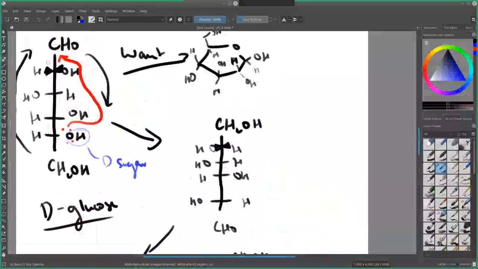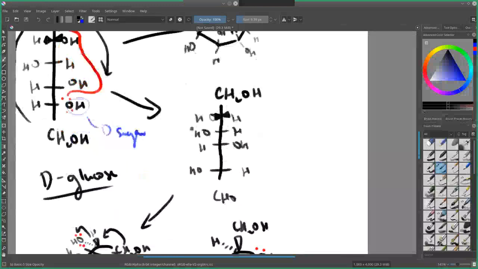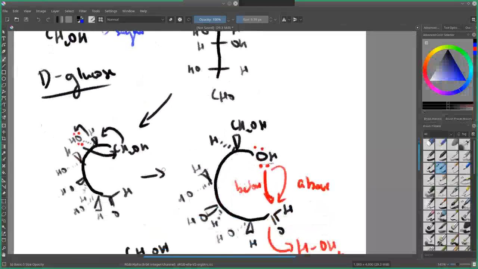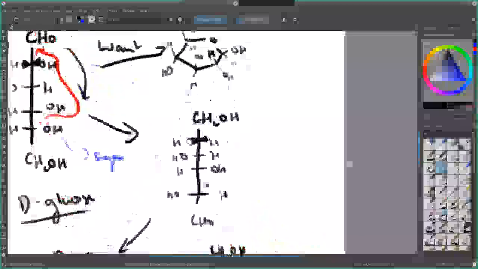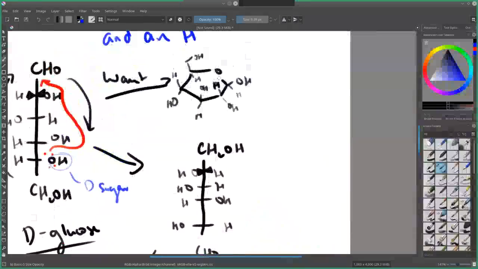The reason I flipped it 180 degrees here in the first step is so that we got this O to be in this upper right position, and that's called the Haworth projection. This is the very standard way of drawing sugars.